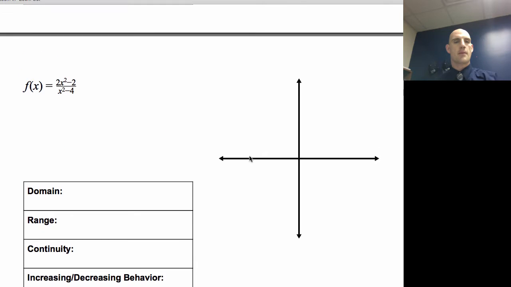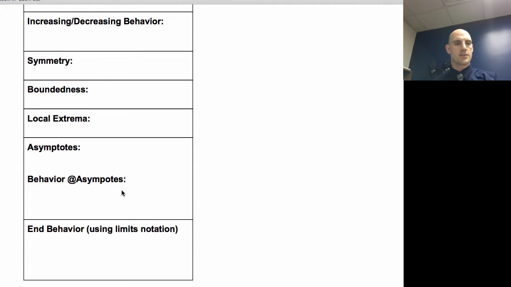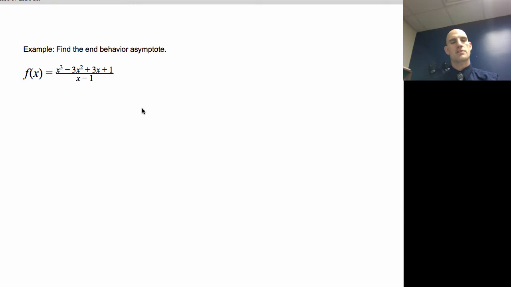I've given you 3 examples up here. All of this you should be able to do, and then when you get to these end behavior parts, that's going to be the new part. But I want to skip to this example here, finding an end behavior asymptote. They've given us f of x. Now, I'm going to evaluate it for the end behavior asymptotes. So they've kind of given away what we're supposed to do, but I'm going to look at this anyway.